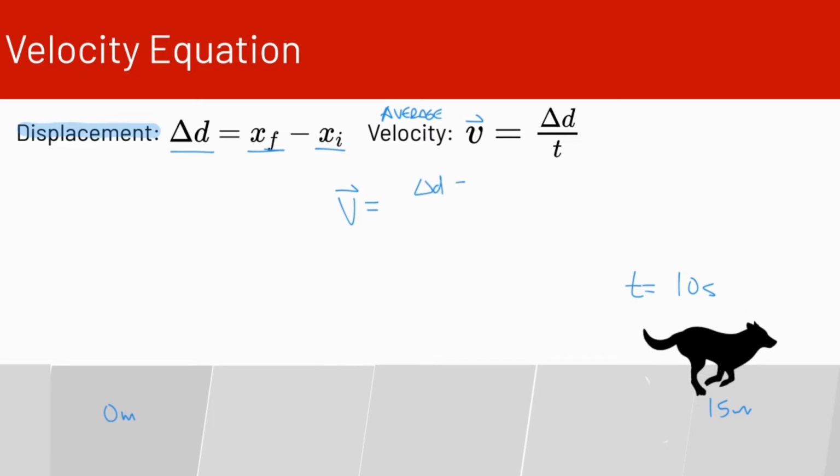Our displacement is equal to our final position, 15 meters, minus our initial position, 0 meters. So that's our displacement, divided by our time of 10 seconds. So 15 minus 0 is 15 meters divided by 10 seconds, which gives us 1.5 meters per second.